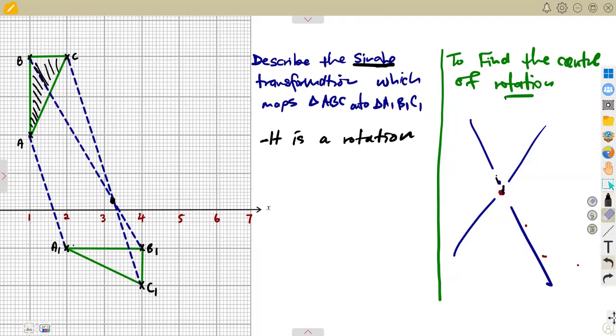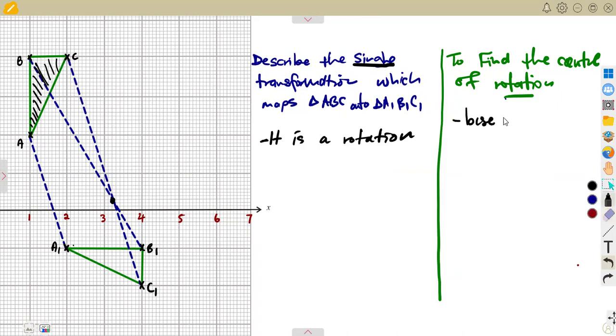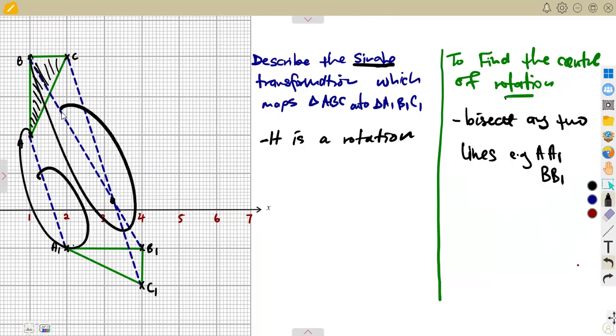So in this case, let us conclude like this. Bisect any two corresponding lines, any two lines, e.g. A to A1, B to B1. So you bisect any two from those that you joined, A to A1, B to B1.